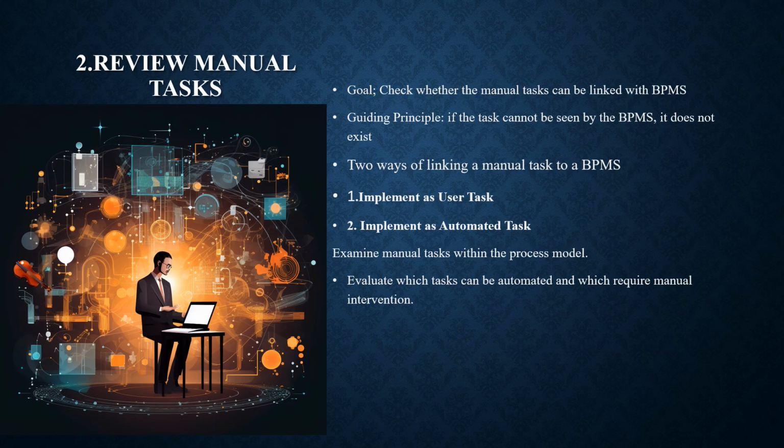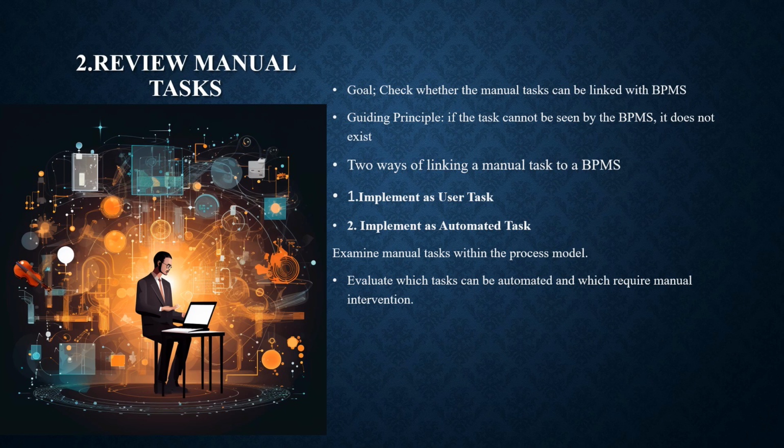Review manual tasks. Once we have identified the types of each task, in the second step of our method, we need to check whether we can link the manual tasks with the BPMS. Goal: check whether the manual task can be linked with the BPMS. The principle driving this step is that if the task cannot be seen by the BPMS, it does not exist.